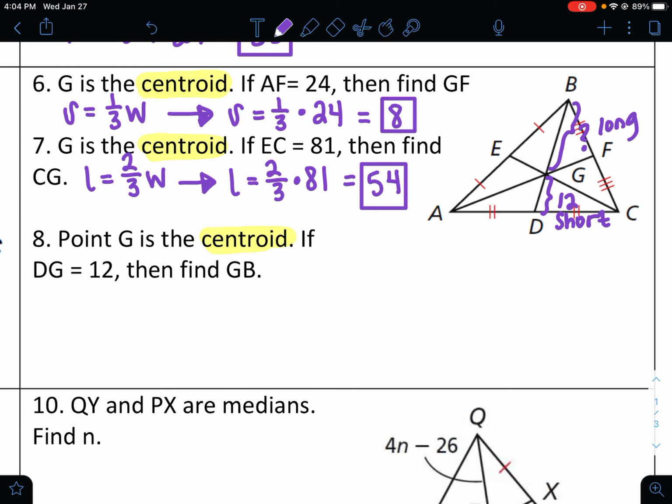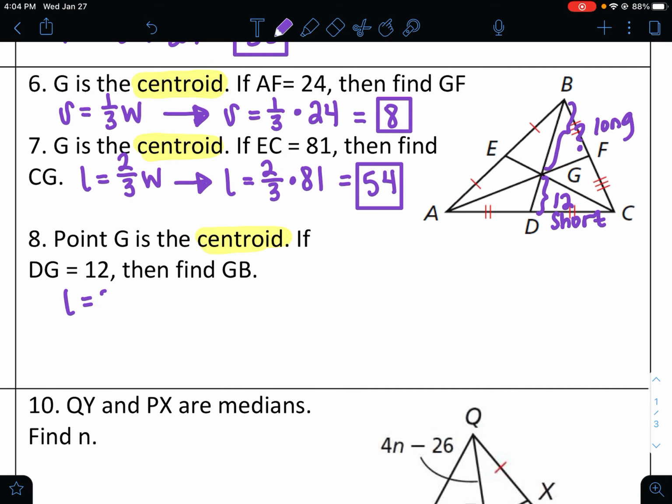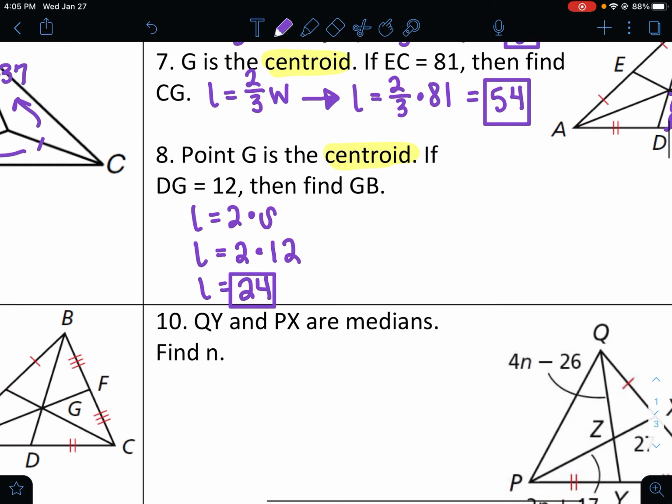The only equation that has long and short only is long equals 2 times short. So the long side we don't know, but we do know it's going to be 2 times the short side. So since the short side is 12, the long side is 24. So GB is 24 units long.